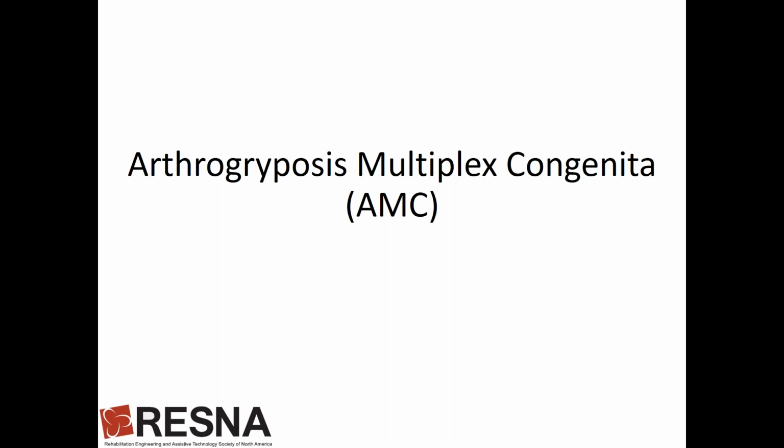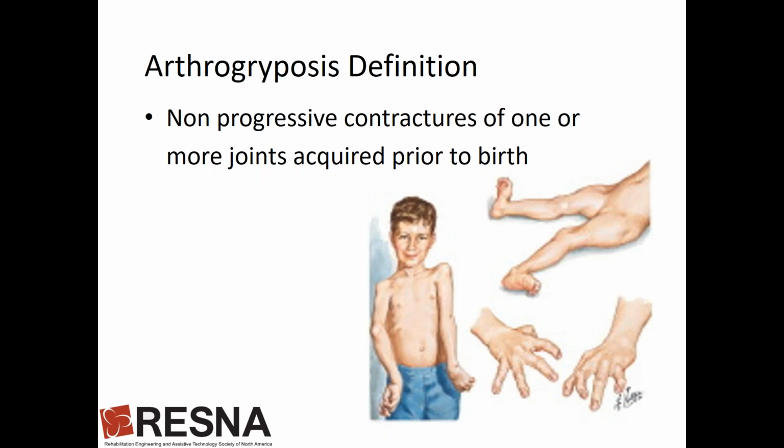Another one, arthrogryposis multiplex congenita. So AMC, a lot of times it's just arthrogryposis is what you see. The definition of arthrogryposis is a non-progressive contracture of one or more joints acquired prior to birth. This is a really classic presentation.